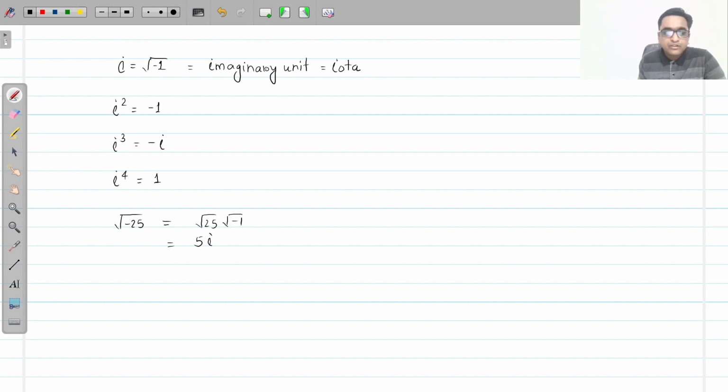So the square root of minus 25 can be written as an imaginary number 5i, where 5 is a real number and i is called iota or the imaginary unit, and this complete thing is an imaginary number.